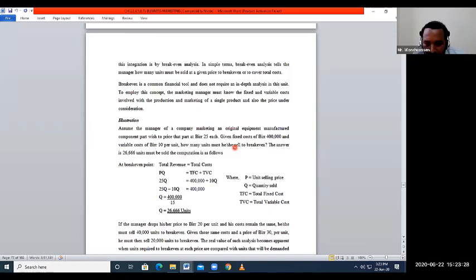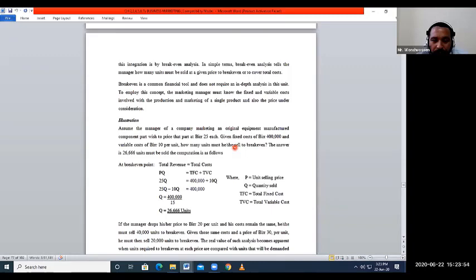Given the fixed cost is 400,000, the variable cost is timber, the cost not including the fixed cost. So we have to calculate the average unit cost to understand the fixed cost.